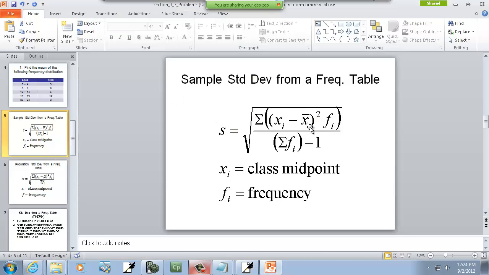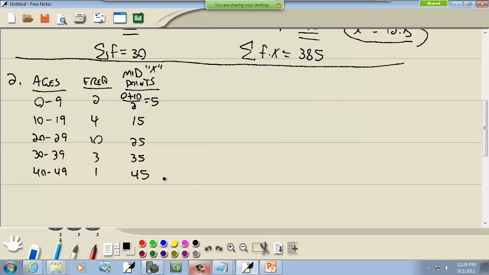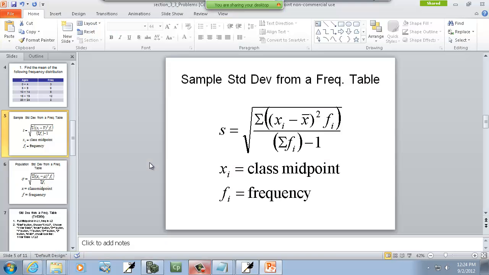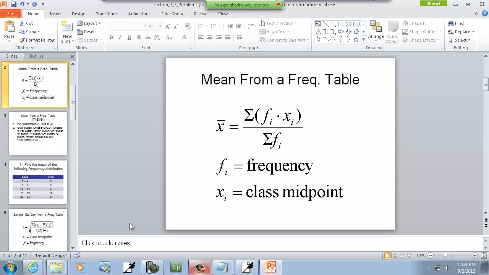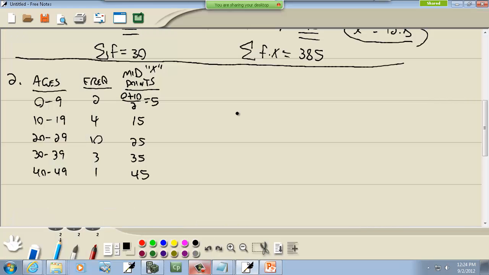Now we need x bar, which is sample mean. So we have to go back and do this formula first to get sample mean. This formula says we're going to take f times x, frequency times class midpoint. So I need an f times x column. Well, this is our f's here. So we're going to take 2 times 5, which gives us 10.